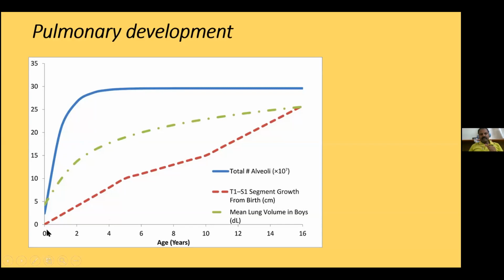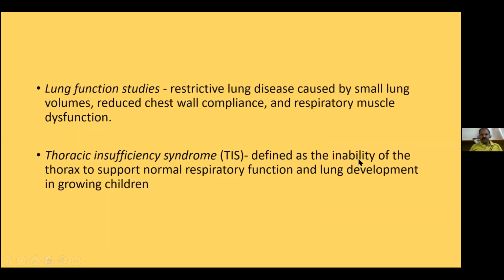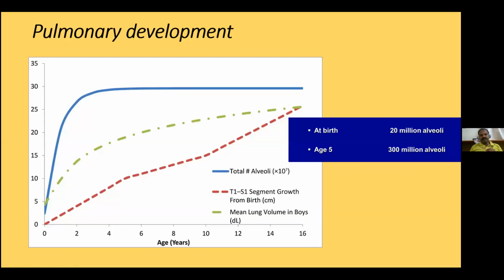Even before, in the formation of alveoli, at birth they say it is 20 million, and then it goes up to 300 million. So this is the pulmonary development we see in the early age.